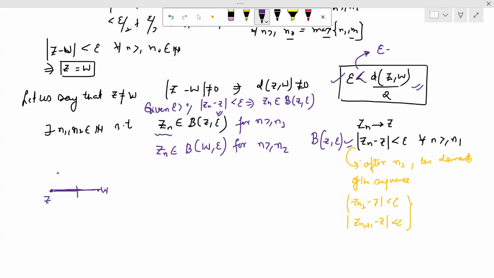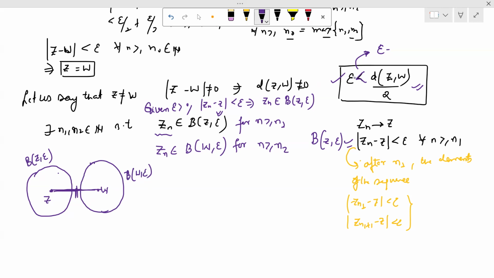Okay, so what will happen? So let's say this is half and less than half the distance. Let's say this is Z, and this will be here. So the open ball centered at W and epsilon will not intersect.